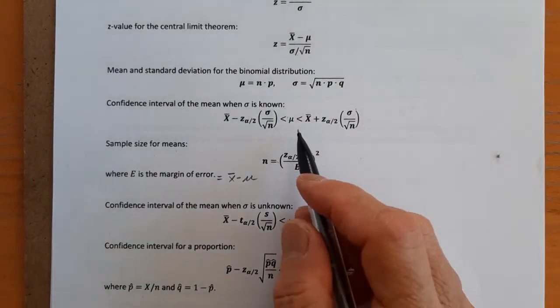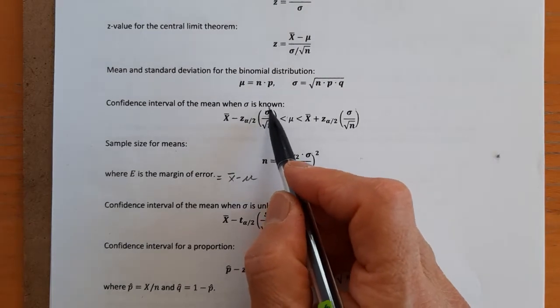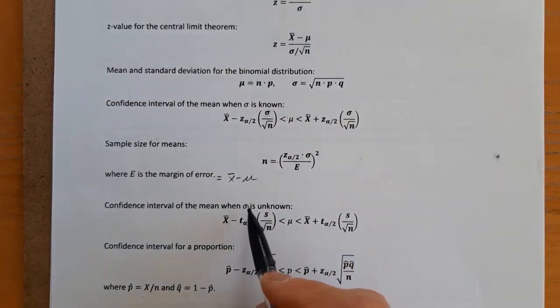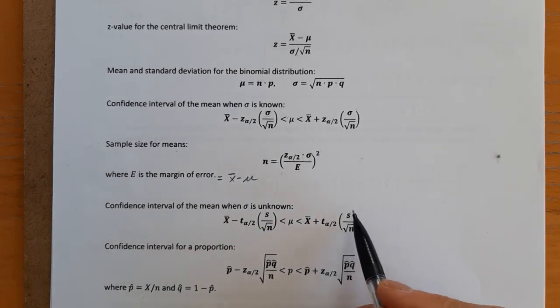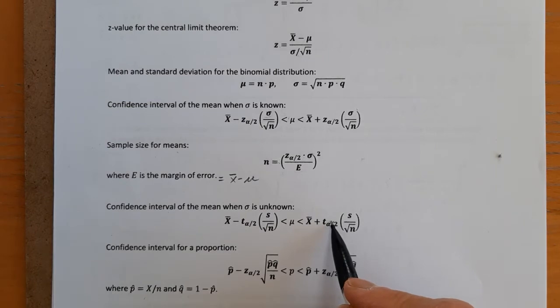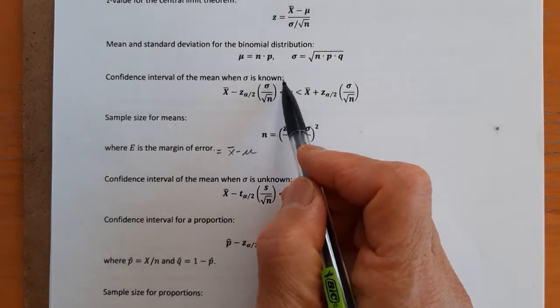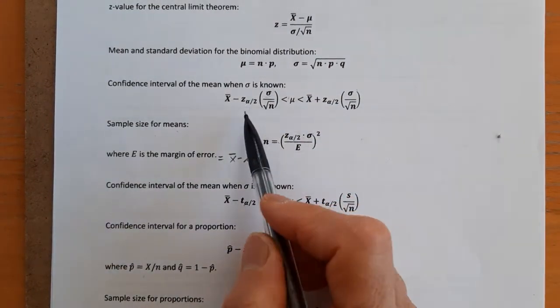Confidence interval: if sigma, the standard deviation, is unknown, and given the sample standard deviation, use the t-score. If sigma, the population standard deviation, is known, use the z-score.